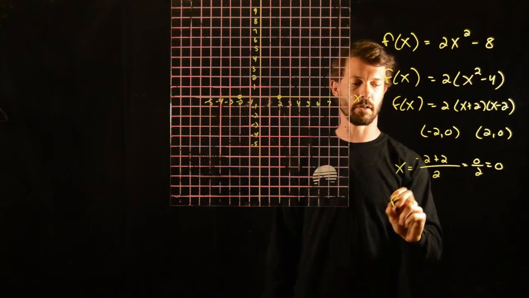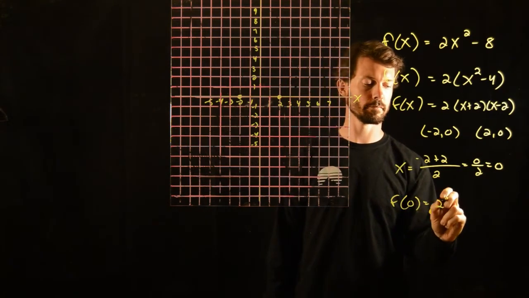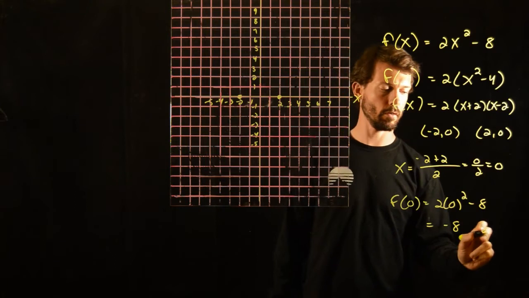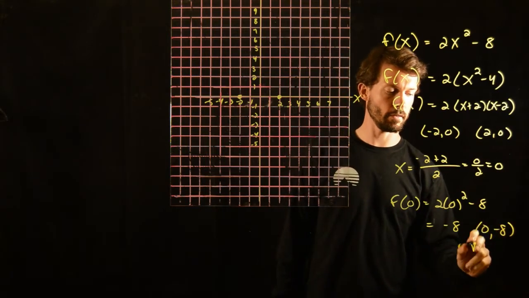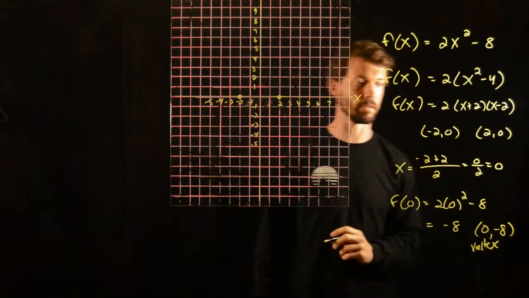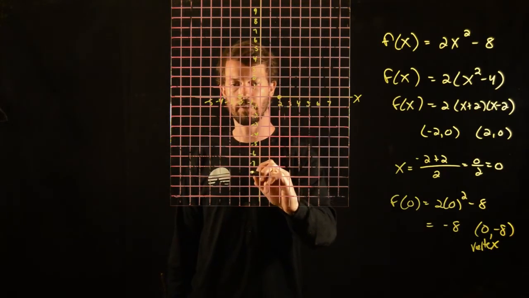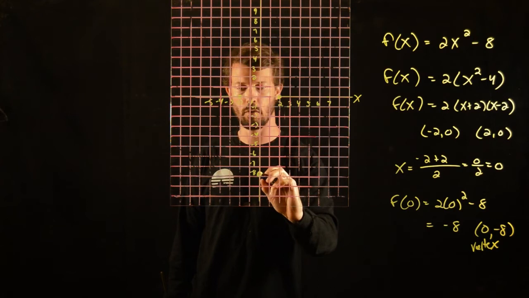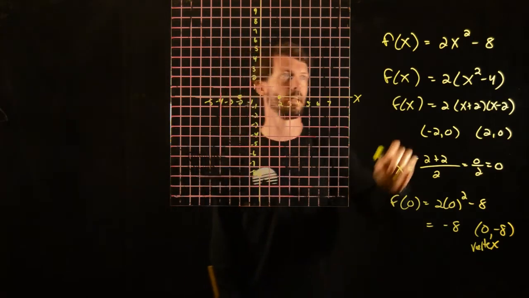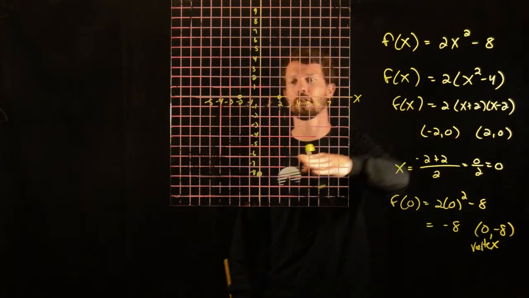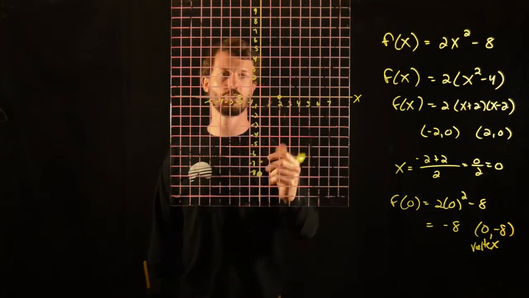So if I did f of 0, okay, so (0, -8) is your vertex. I actually didn't go far enough down, but it would be way down here. And then I look and go, my a value is positive, so that does make sense. My graph should be opening up.